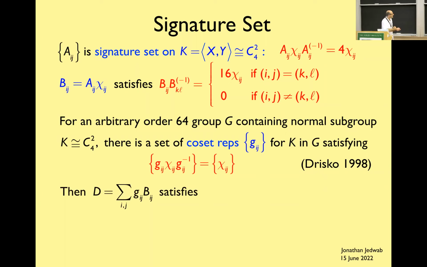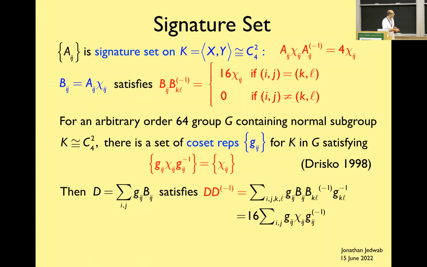So similar idea: attach the set of coset reps to the B's, calculate d minus 1 by substituting in, use the orthogonality as before, we get the 16 out the front, and now we've got a set of expressions which we need to add up. But we just said that set of expressions, where this g_ij to the, I'm sorry, that should be inverse, not little minus 1.